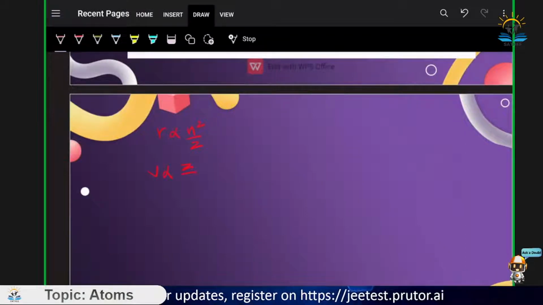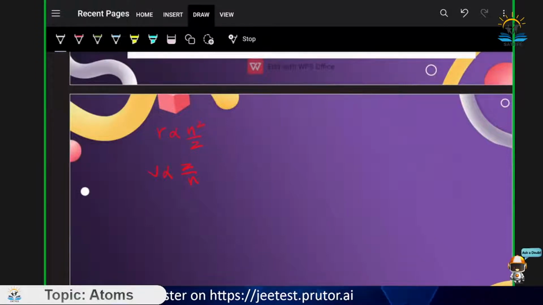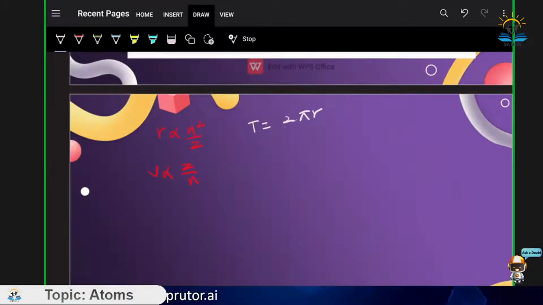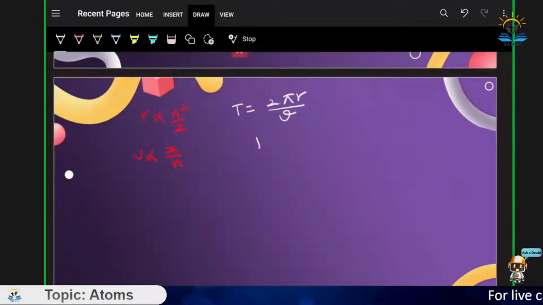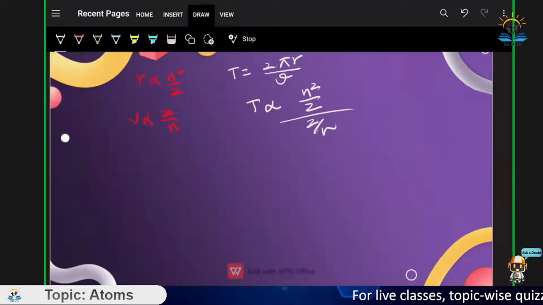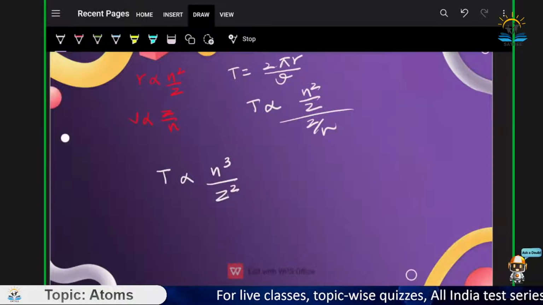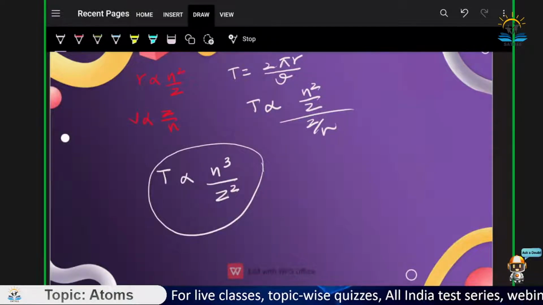Velocity is proportional to z by n. What will be the time period? Time period will be distance upon speed, where distance is 2 pi r, divided by velocity v. So the time period will be proportional to n square by z divided by z by n. So time period is proportional to n cube divided by z square.